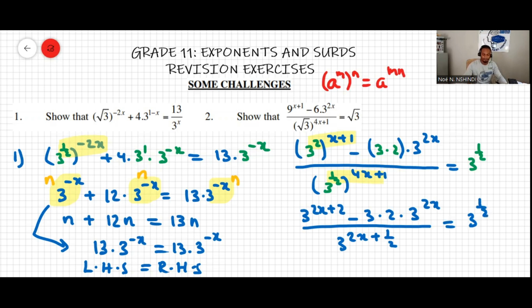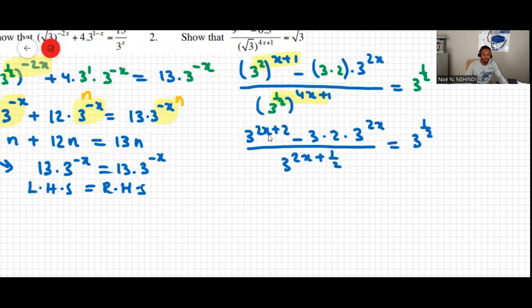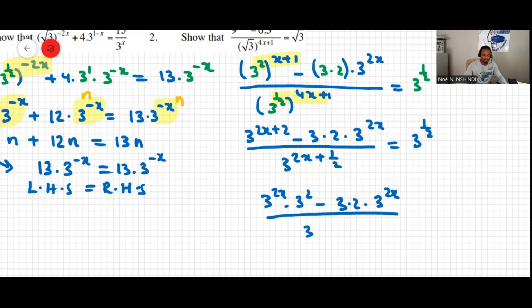Then we can separate this also. Over here we can break 3 to the 2x plus 2 into 3 to the 2x times 3 squared, minus 3 times 2 times 3 to the 2x, all over 3 to the 2x times 3 to the power of a half, equal to 3 to the power of a half.